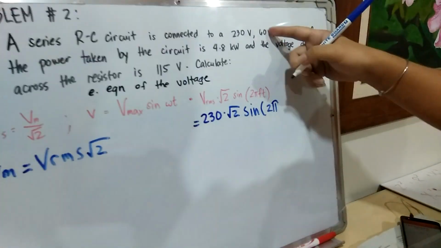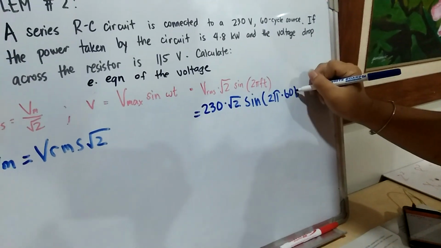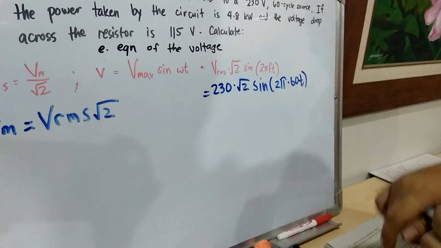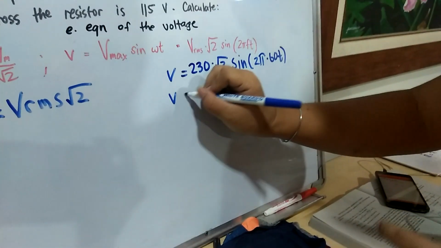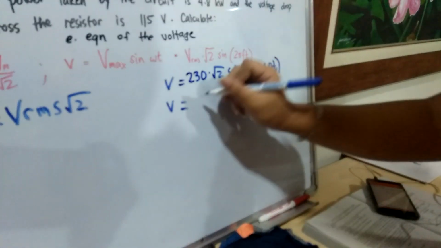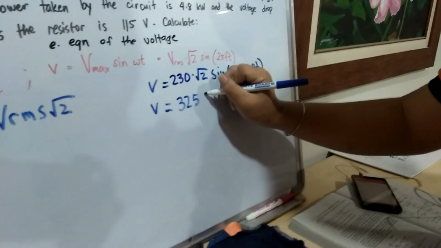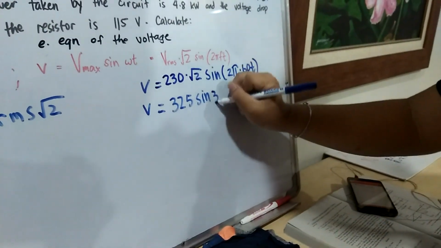F is equal to 60. By calculating this equation, we get 325 sine 377.